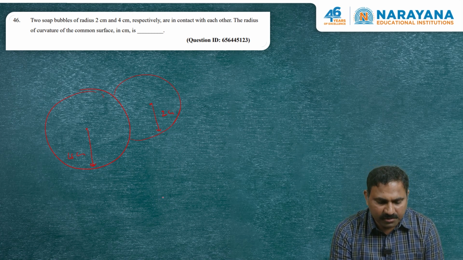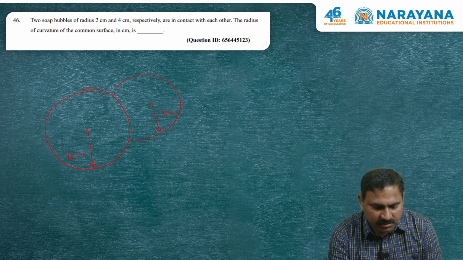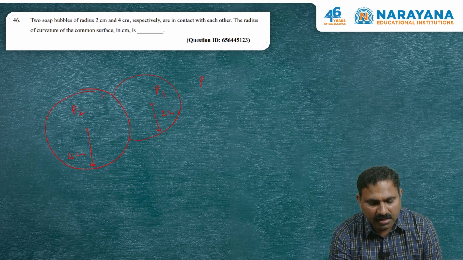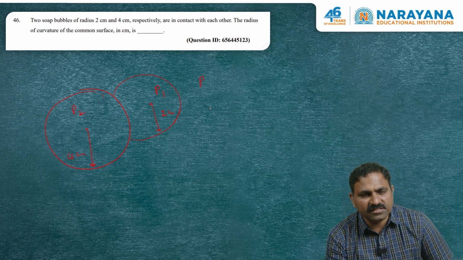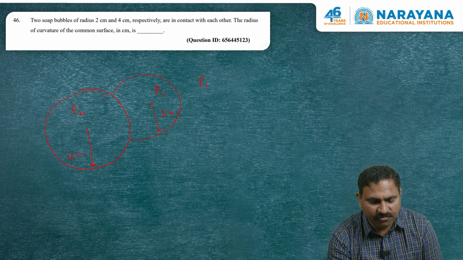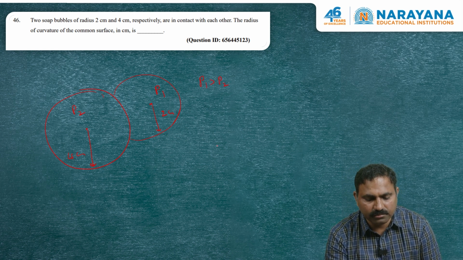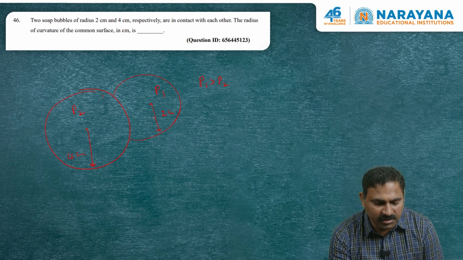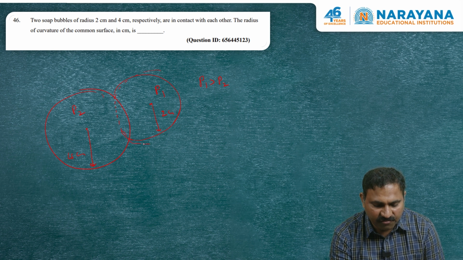Suppose P1 is the pressure here and P2 is the pressure here. As pressure difference is inversely proportional to radius, P1 will be greater than P2. So on the concave side pressure will be more usually. So a new surface will be formed with a concave surface like this, whose radius of curvature can be some RC, let us say.